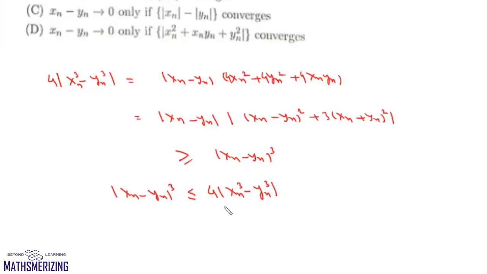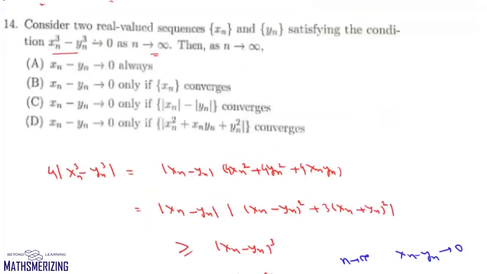And the question says the value of this limit is 0. That means the value of this limit will also be 0. So as n tends to infinity, x_n minus y_n must tend to 0. So the answer to this question is that as n tends to infinity, x_n minus y_n tends to 0, and that's your option A.